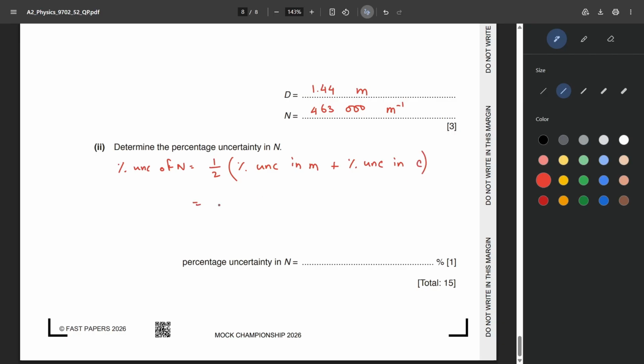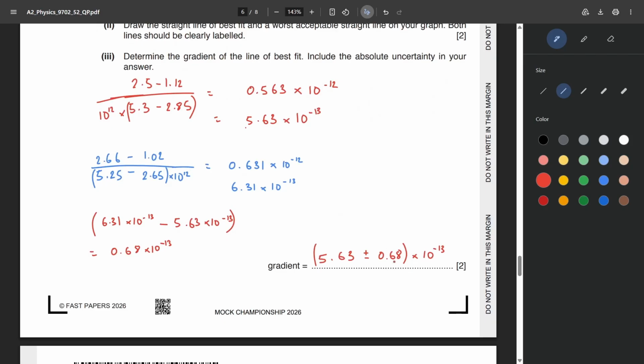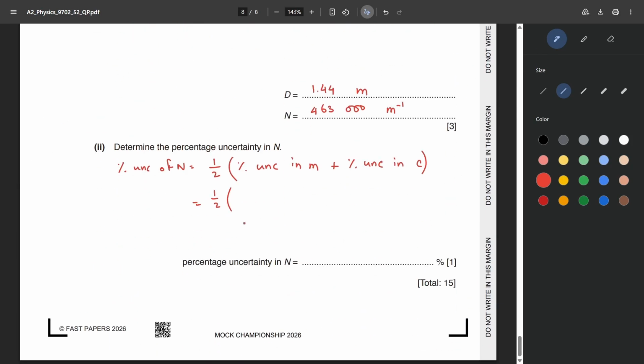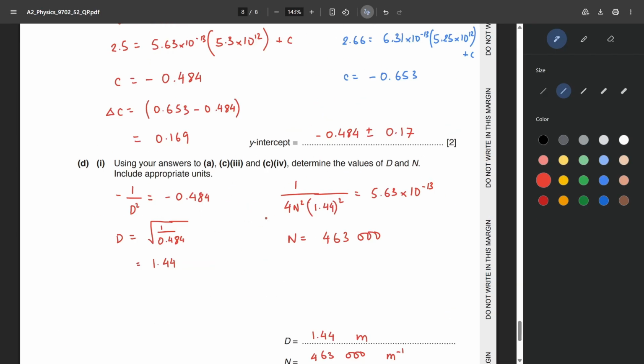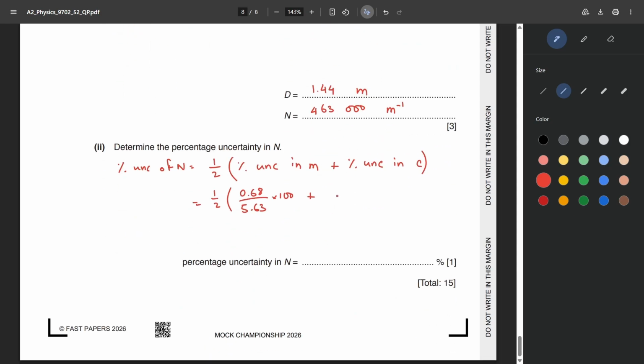If we compute the uncertainties, it gives us half times the percentage uncertainty in gradient, which would be 0.68 over 5.63, plus 0.17 over 0.484, which is 23.6%.